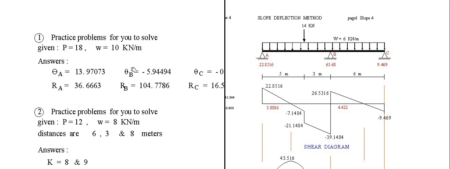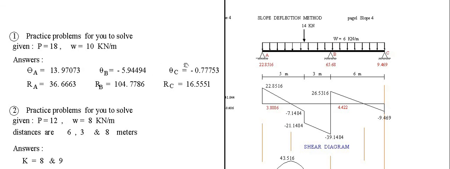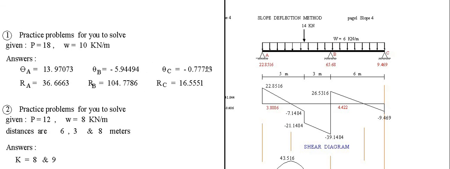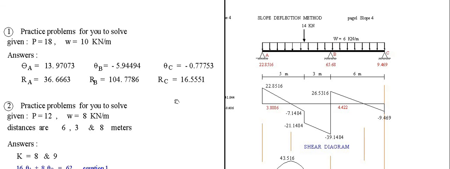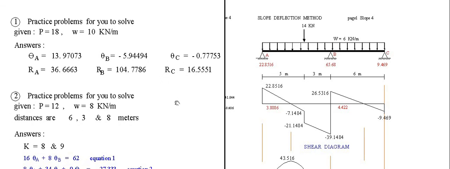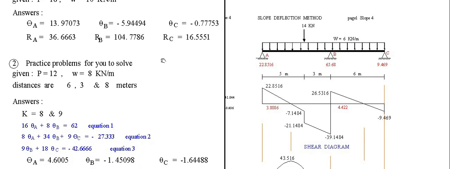Then the answers for theta A, theta B, theta C are these. Then the three reactions are here, RA, RB, RC. Now pause the video, then copy this, then maybe at a later time solve this.